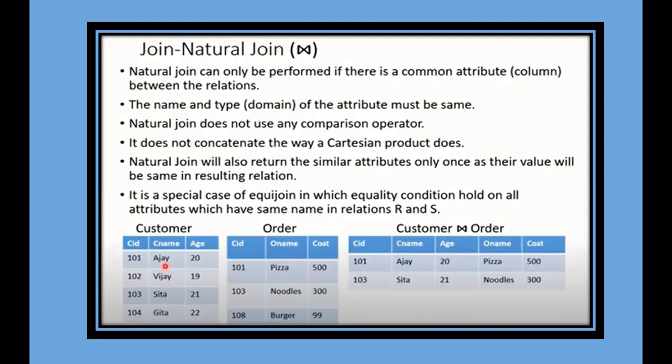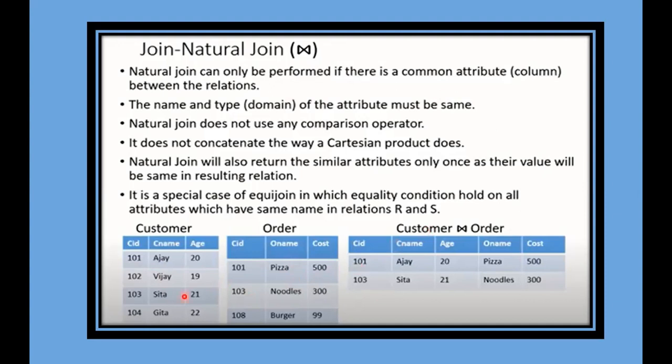Next we have 102, and it is not available in the other table, so we can't do anything here. We can't perform the natural join, because it will only be performed if there is a common attribute or column between the two relations. Then we go for 103. Yes, the customer table has 103 and here also 103 is there. So we can merge, from customer join order, that is the natural join.